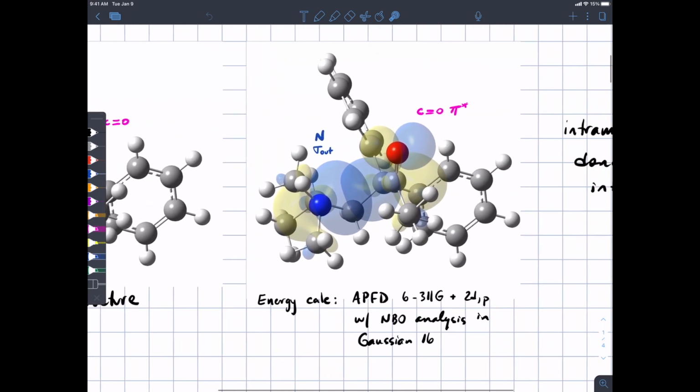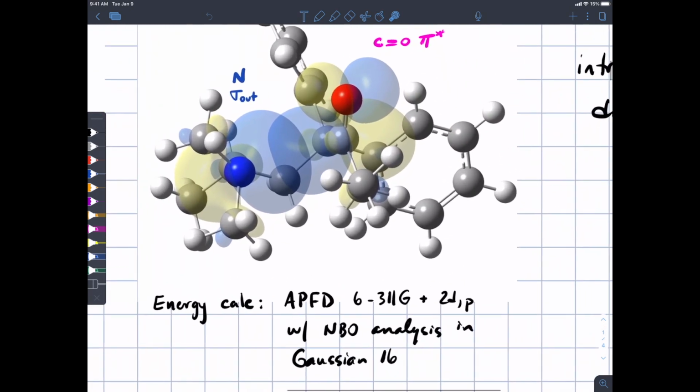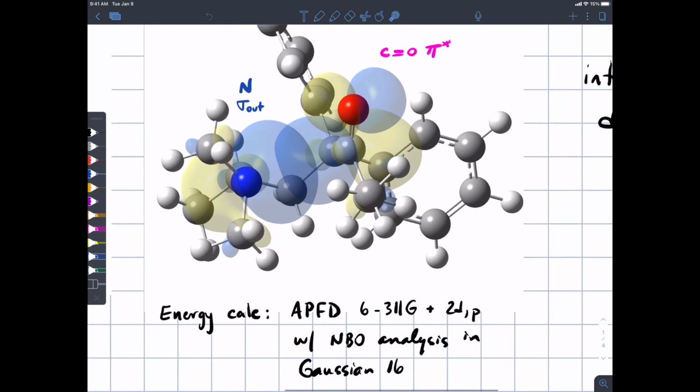So here are some calculations I did in Gaussian more than a year ago. This is NBO analysis, which, as you recall from your computational assignment, treats the molecular orbitals as though they are localized between bonds.